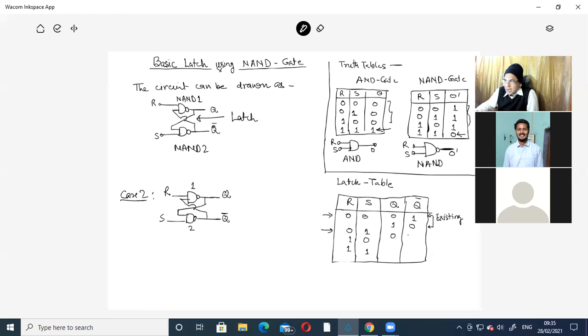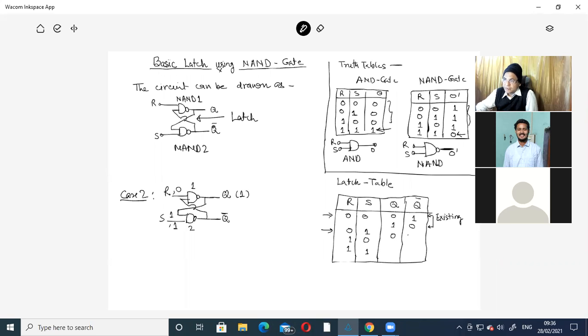Now R is 0 and S is 1. What we find is that if any input of the NAND is 0, then the output is 1. So this output is 1. R is 0, so one input is 0, then the output will be 1. This 1 is fed to the second NAND, so in the second NAND both inputs are 1.